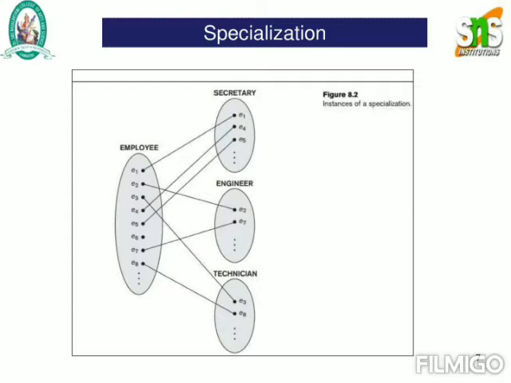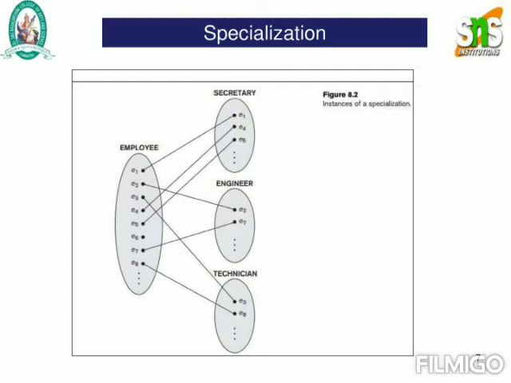An employee in the employee table may be either a secretary, an engineer, or a technician. So the employee will act as the superclass, and secretary, engineer, and technician will act as subclasses. Here the specialization has been defined by lines pointing to a circle.